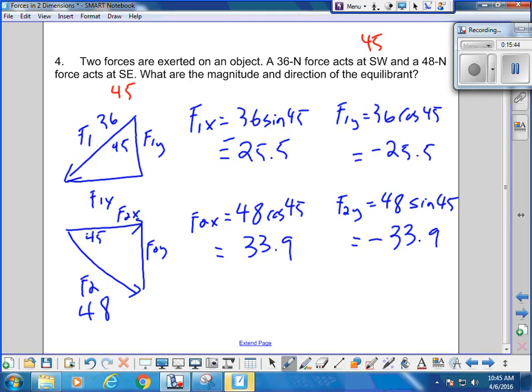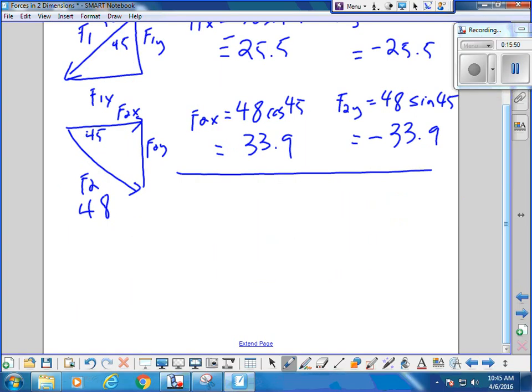Okay. I like to do this when I have a chance. I got the columns. Okay, so that means then that resultant x is going to be 25.9.